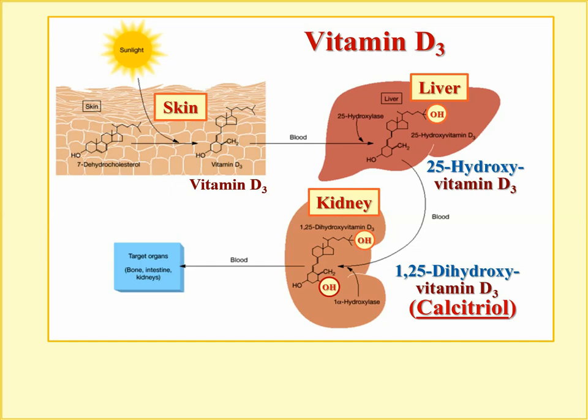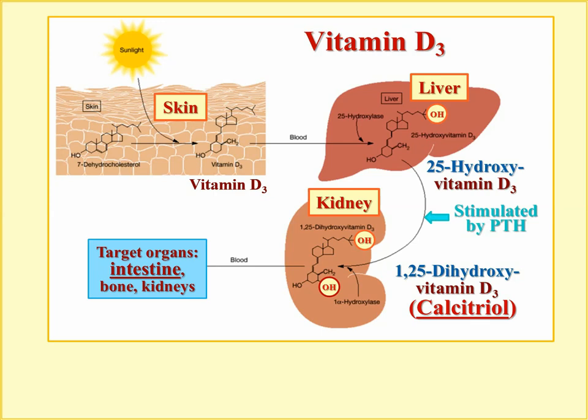It's considered to be a hormone, and it also has the name calcitriol, but it's the same, active vitamin D3. And this process of conversion of 25-hydroxy vitamin into 1,25-dihydroxy vitamin that occurs in kidney is stimulated by parathyroid hormone. Therefore, parathyroid hormone is necessary to produce more calcitriol, more vitamin. And then its target organs are number one, intestine, also bone and kidneys.